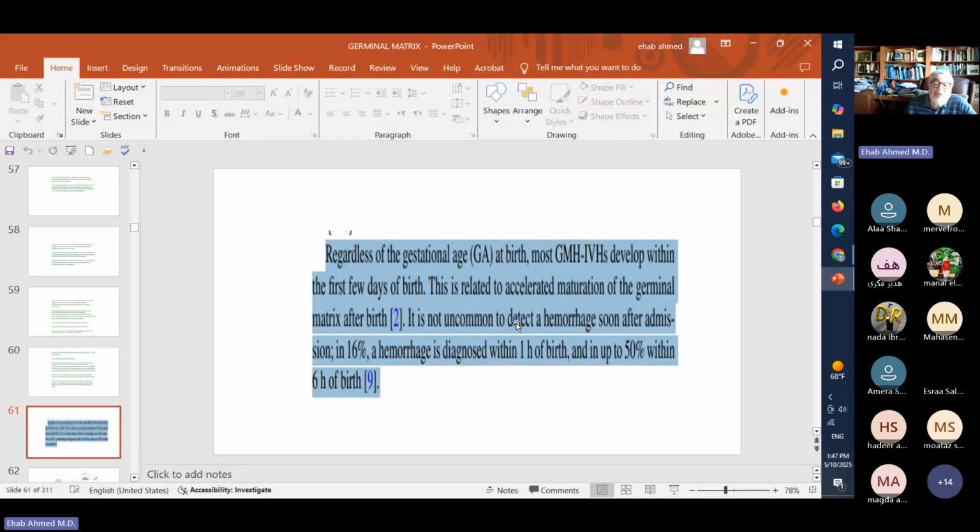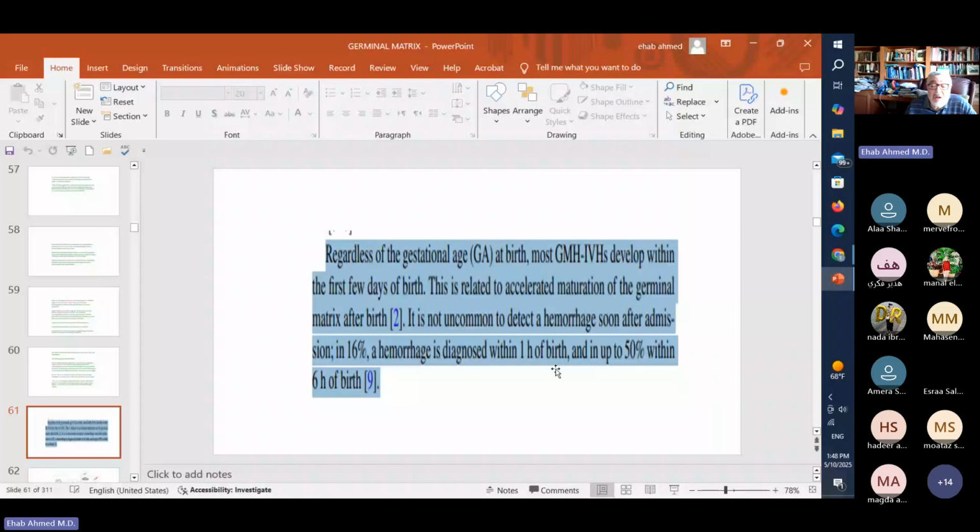So regardless of the gestational age at birth, most GM-IVH develop within the first few days of birth, actually during the first day of life. This is related to accelerated maturation of the germinal matrix.